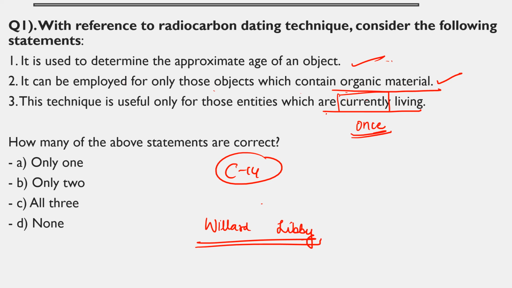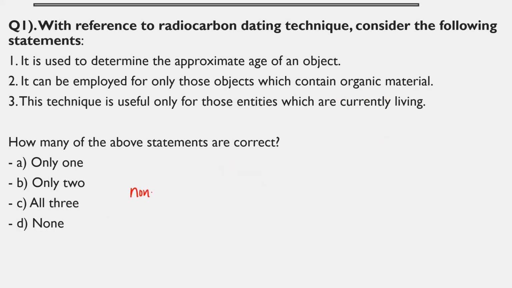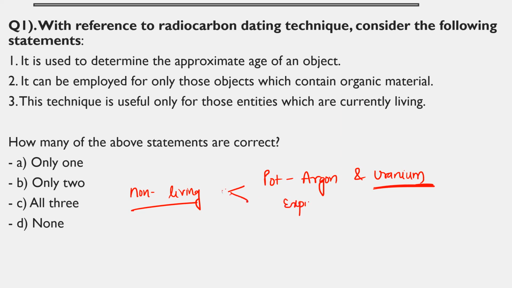So how can we determine the age of non-living things then? For living things, we can have radioactive carbon dating. But for non-living things, we can have the potassium-argon and uranium method first. Second is exposure to sunlight.